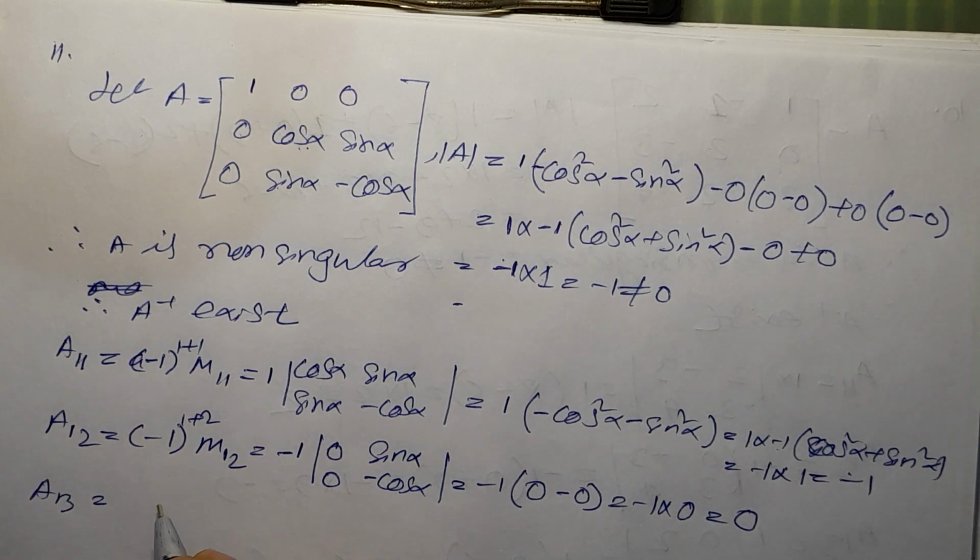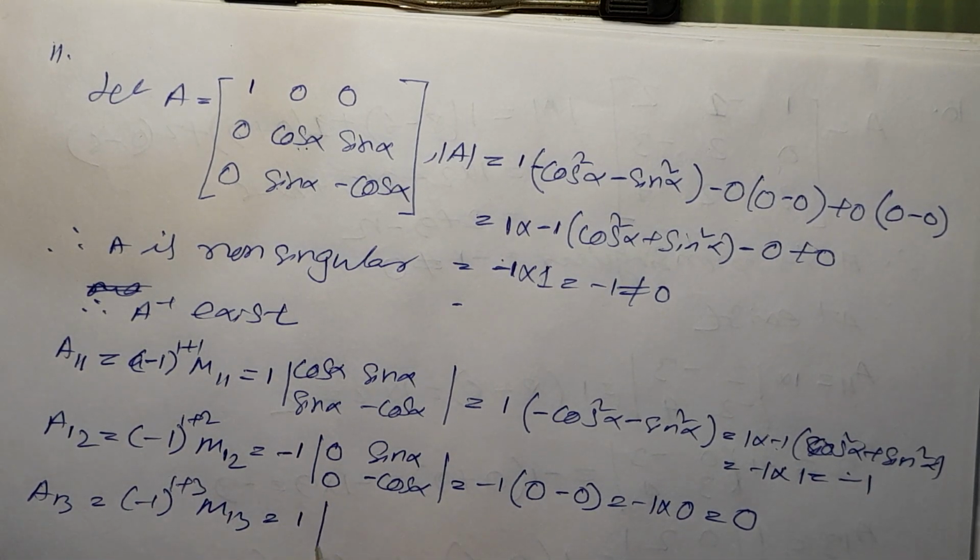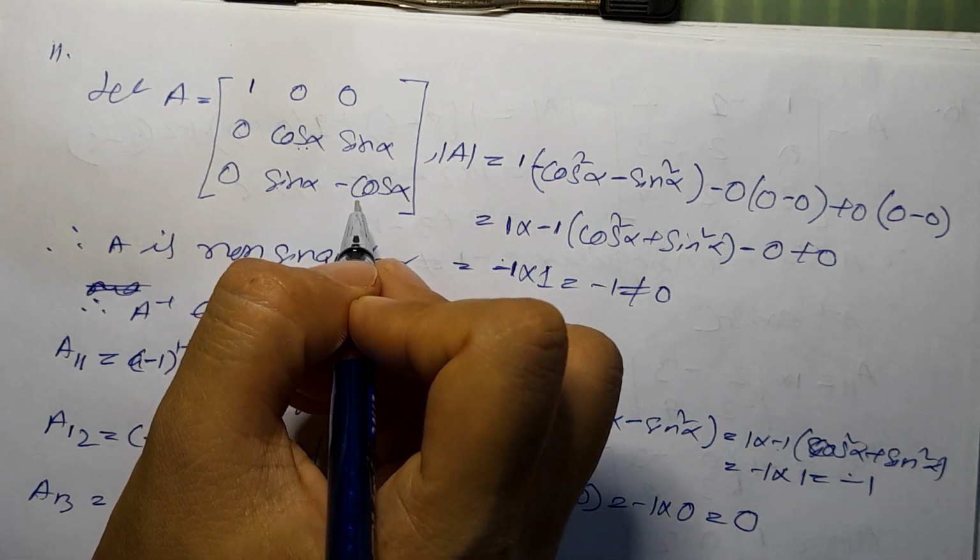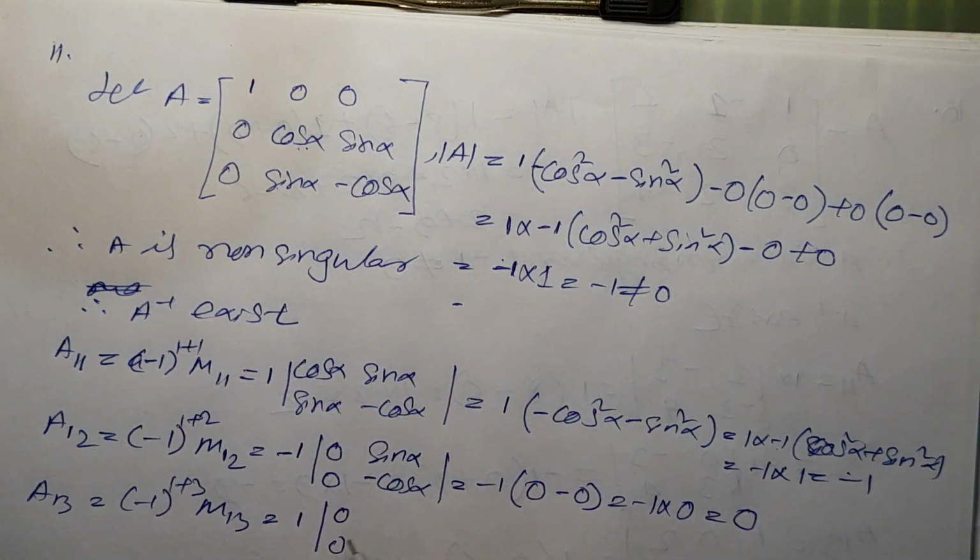A13, that is minus 1 power 1 plus 3, M13, which is positive. Eliminate the first row and third column: 0 0, cos alpha sin alpha.